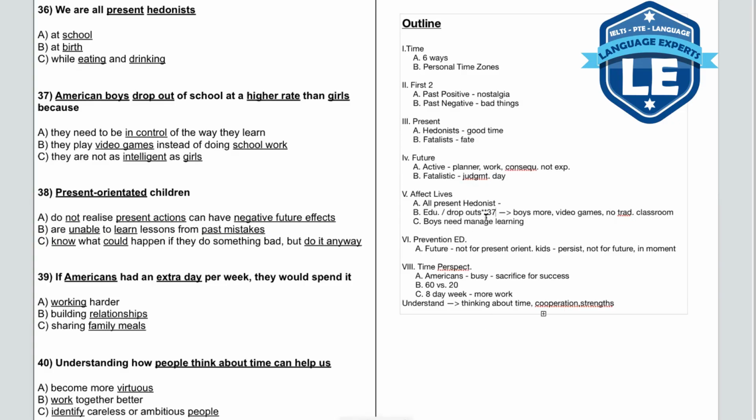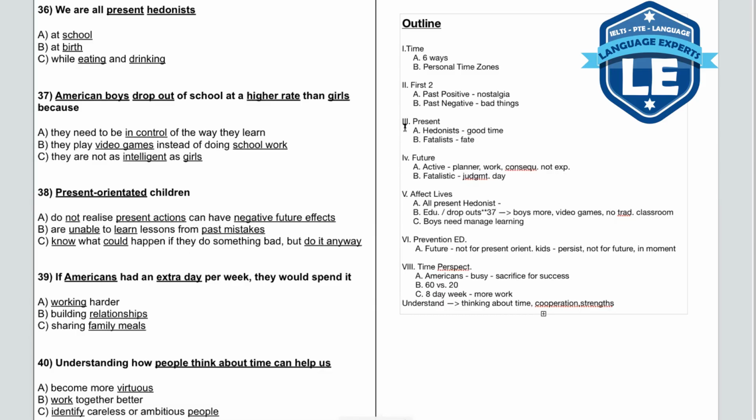Since I see that dropouts is number 37, I can assume that number 36 will most likely be here earlier, and then the last 3 remaining questions will be after dropouts. This is a great way to use the question order to your advantage, and this can also help you if you feel that you're getting lost in the lecture or the conversation.